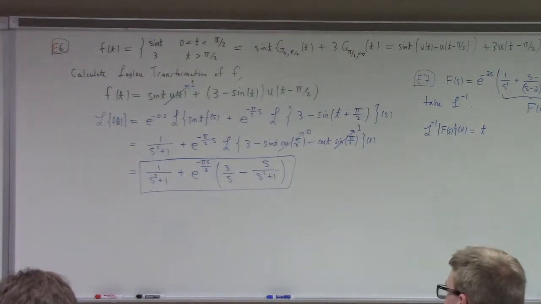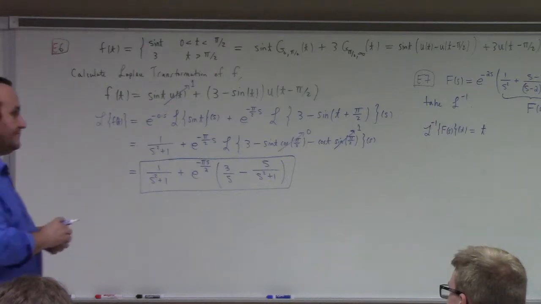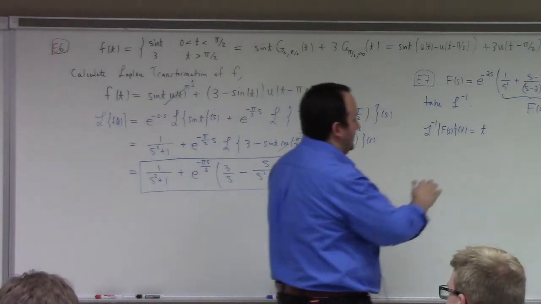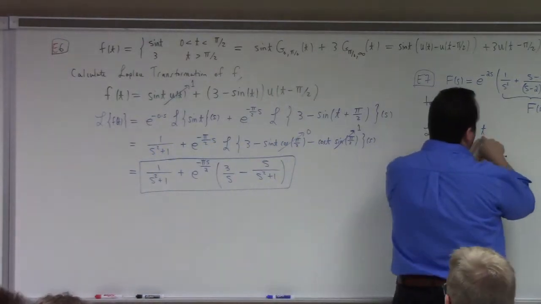If we put a equals to 0 there, and if you put n equals to 1, you get 1 factorial over s squared. So yeah, that's t. The inverse Laplace transform of 1 over s squared is t.